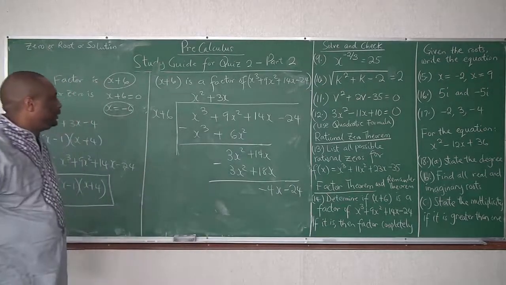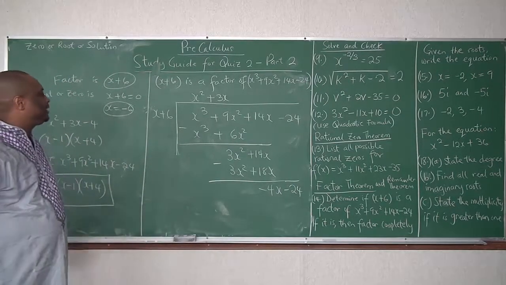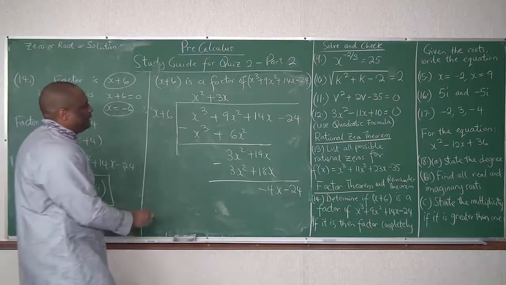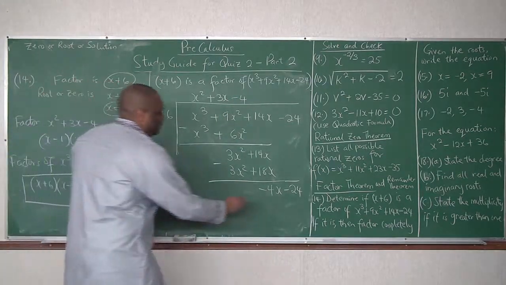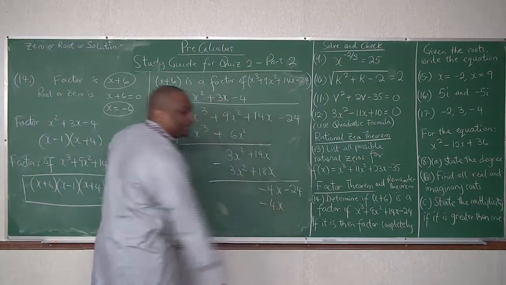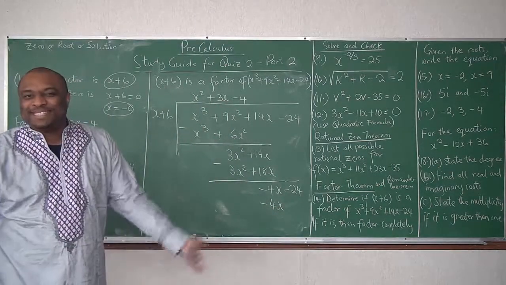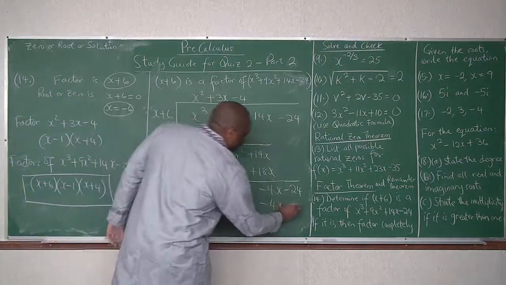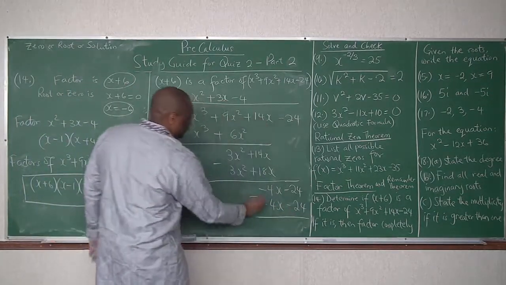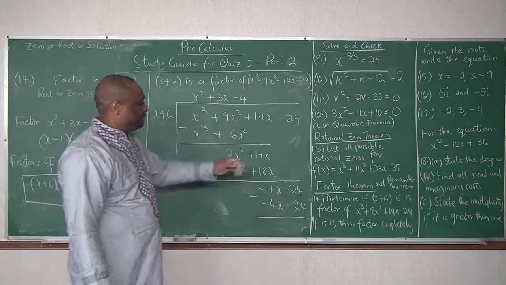And minus 4x divided by x is minus 4. Minus 4 times x is minus 4x. Some people will say negative 4x. It means the same thing. Minus 4 times 6 is minus 24. And of course you subtract. This gives you 0.